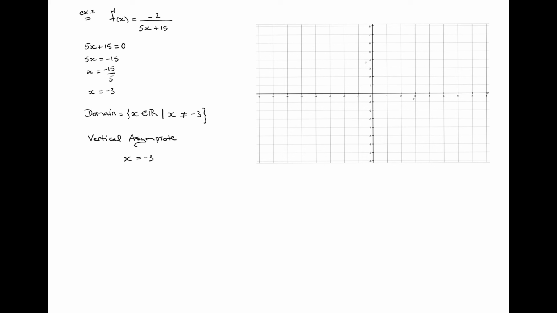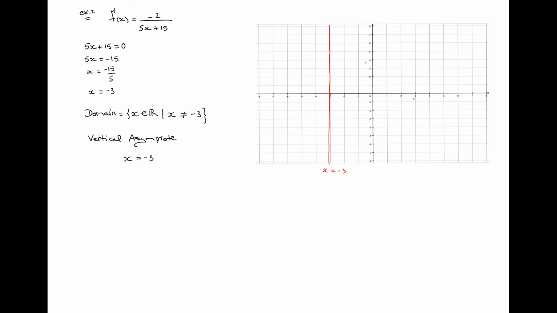So if you plot the curve y equals negative 2 over 5x plus 15 on an xy grid, you should see that at the value x equals negative 3, the curve seems to split into two. And so we can draw a vertical asymptote, a vertical line, at x equals negative 3. Its equation is x equals negative 3.